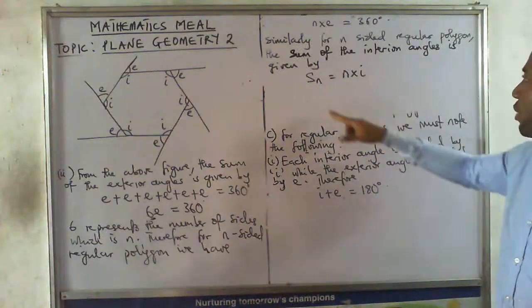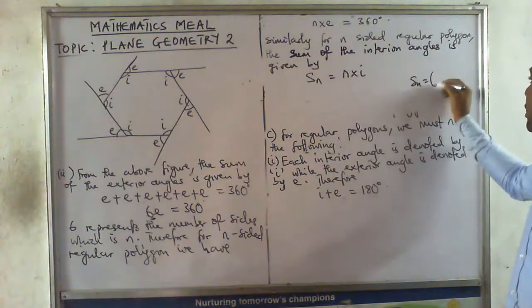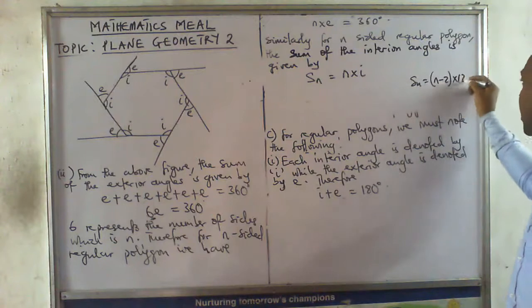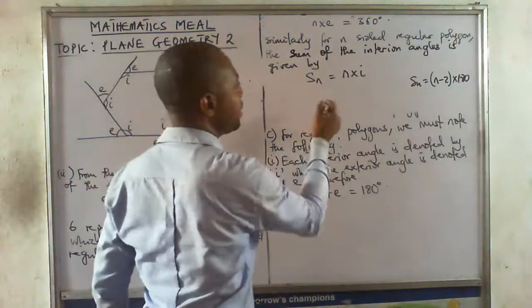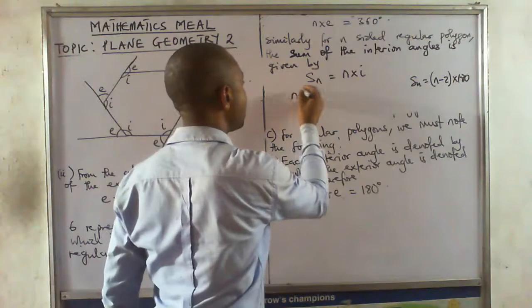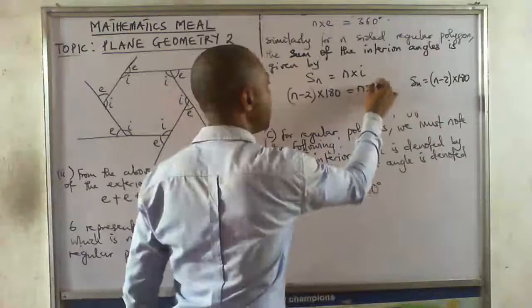Now remember that we have already established that the sum is n minus 2 times 180. So quickly I can replace this here. I will now say that n minus 2 times 180 is equal to n times I.